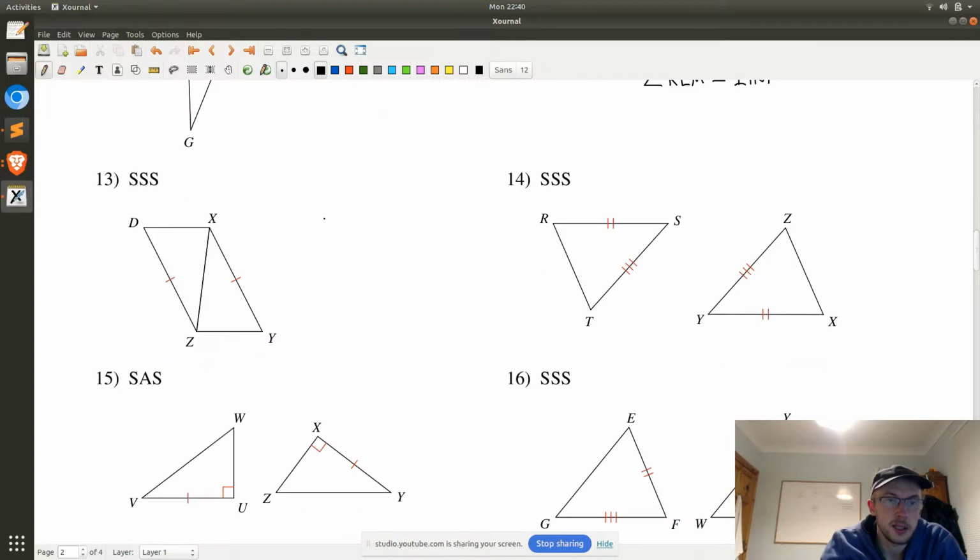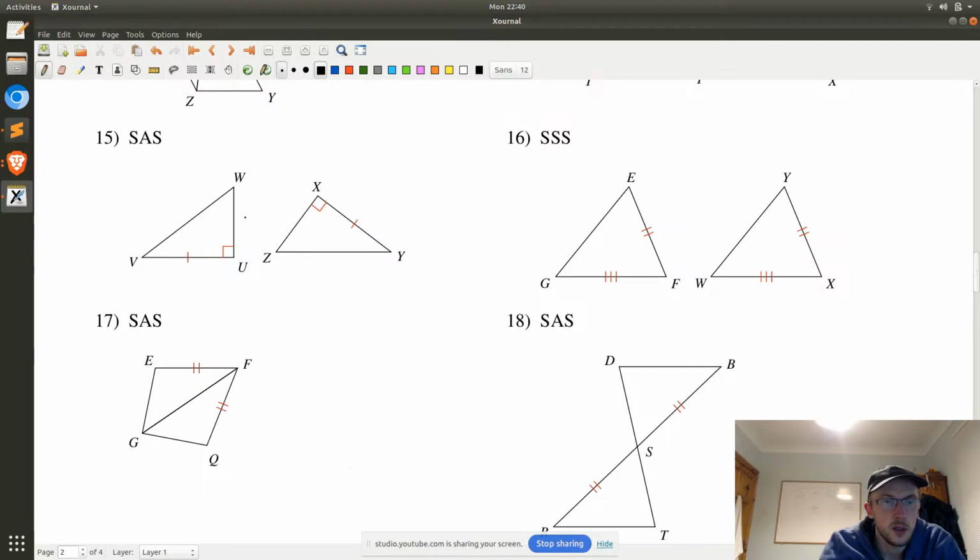Now for this side-side-side theorem, we would need to know that side DX is congruent to side YZ. Over here, we would need to know that side RT is congruent to side XZ.